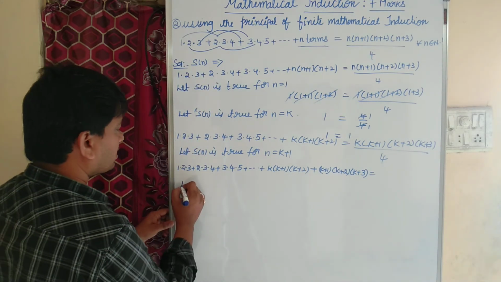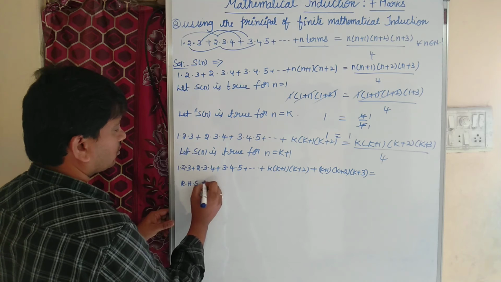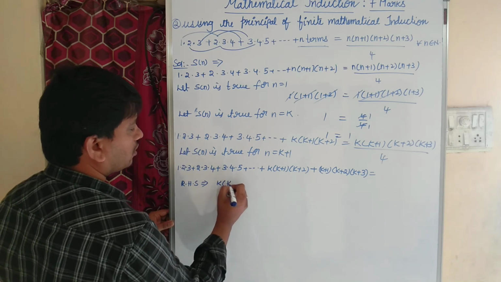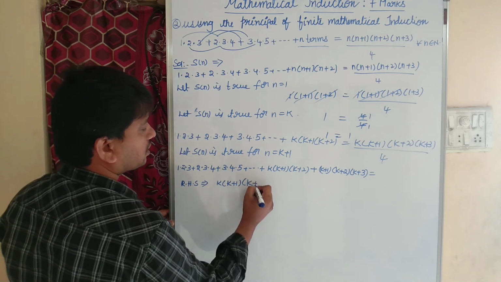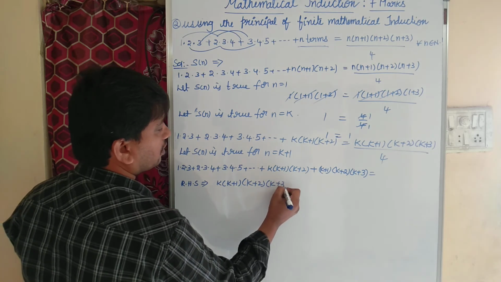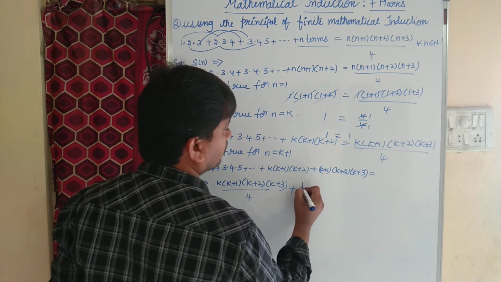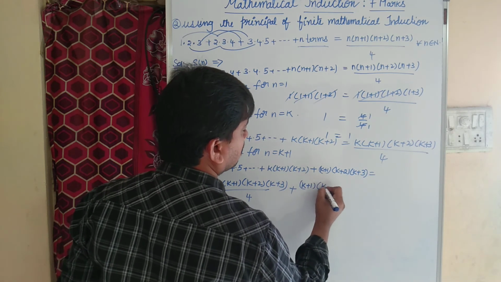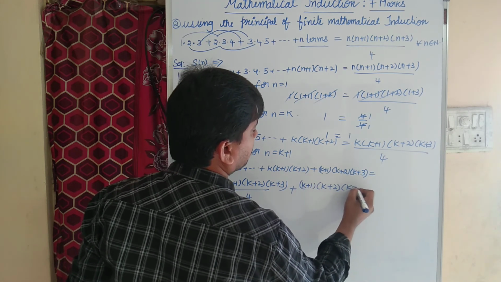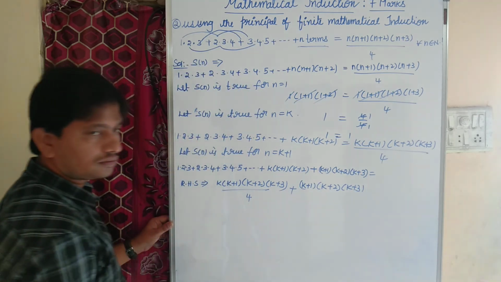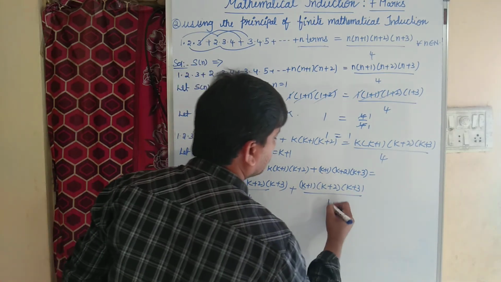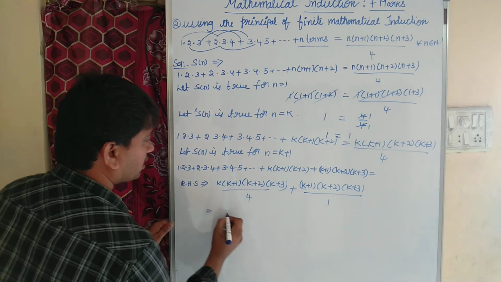So our right hand side is k into k plus 1 into k plus 2 into k plus 3 by 4 plus this value we have to add here: k plus 1, k plus 2, k plus 3. What is the LCM, children?